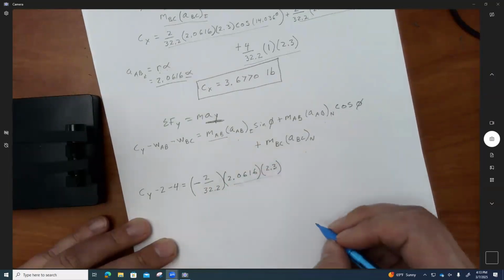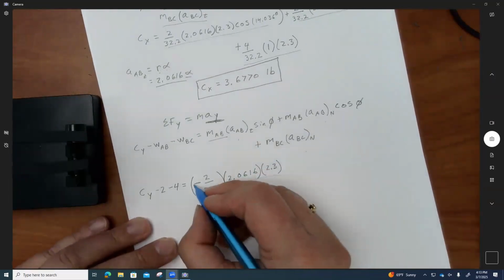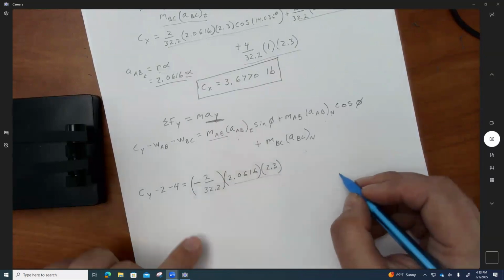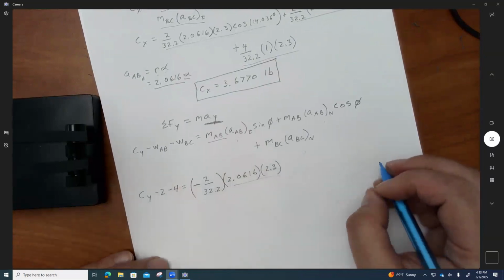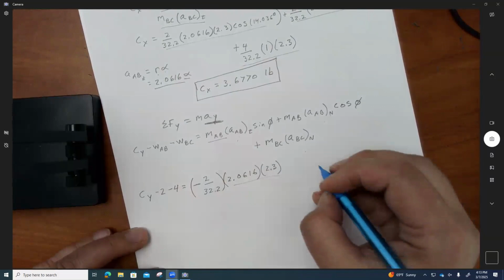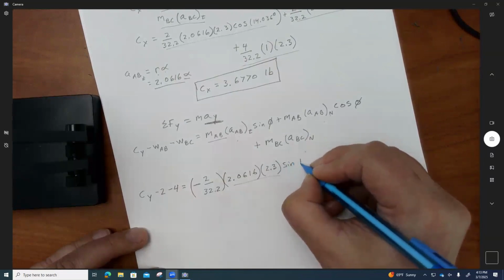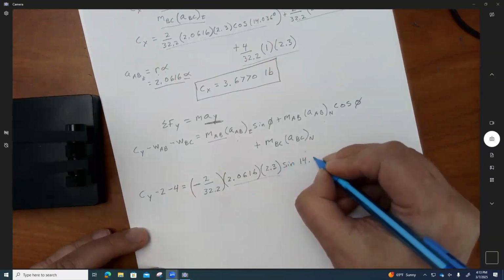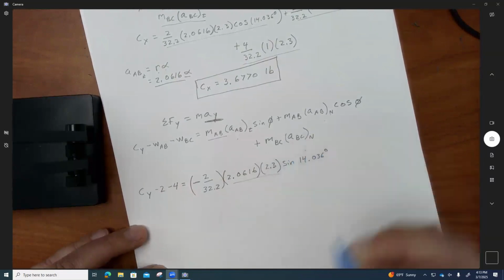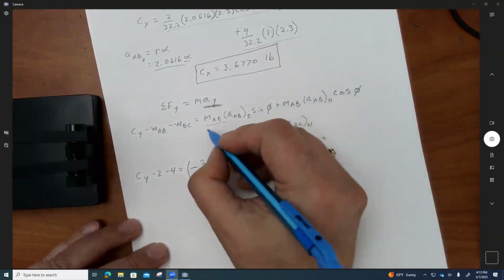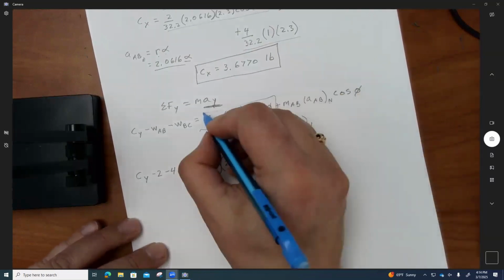So that's our tangential acceleration. And since I'm doing a scalar approach, I'm putting the minus sign out front. And I need to get only the y component. So we said that was going to be the sine of 14.036 degrees. So that is this part.